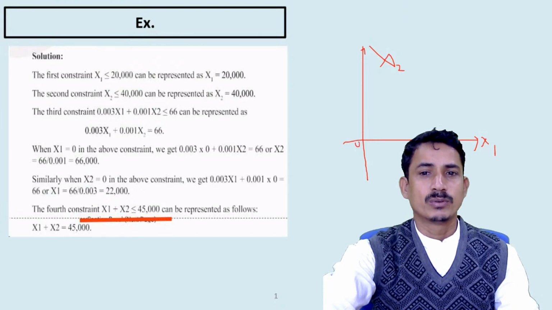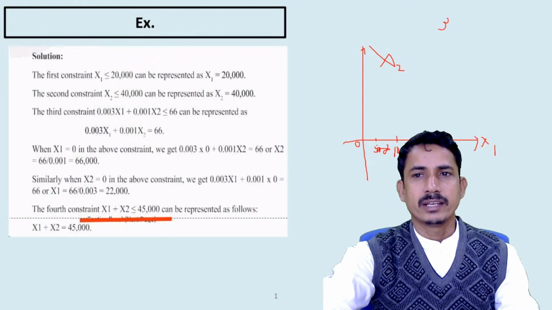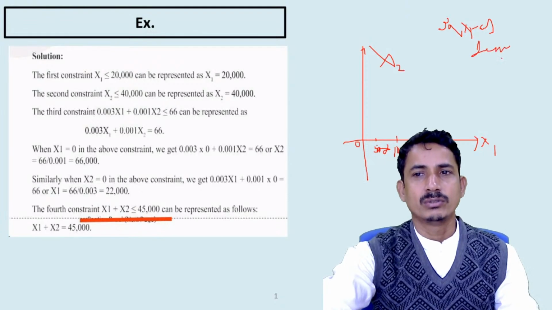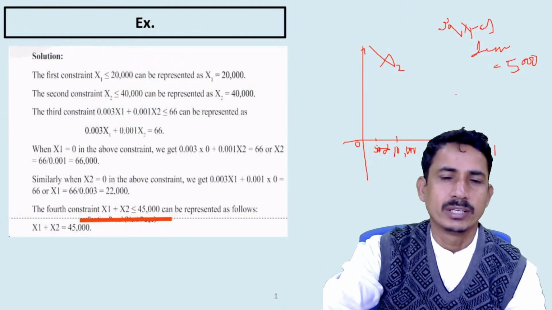Since x2 is 0, you can take 5,000, then 10,000. So in the x1 axis, what you have to write is: 1 centimeter is equal to 5,000 units.